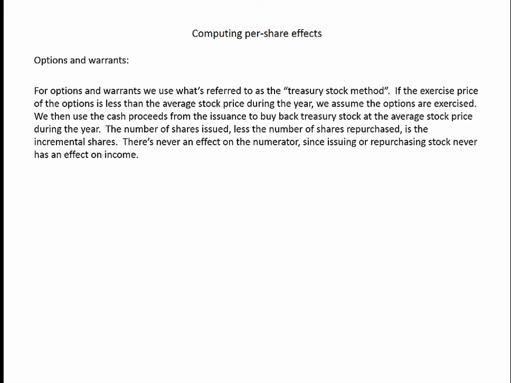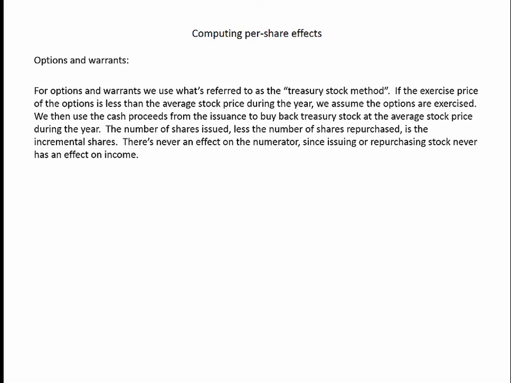So we insist that before we include options or warrants, the exercise price has to be less than the average stock price during the year. And what we're going to do is assume that the shares that are under option are issued. We're going to take the proceeds and buy back treasury stock on the open market at whatever the average stock price is during the year.